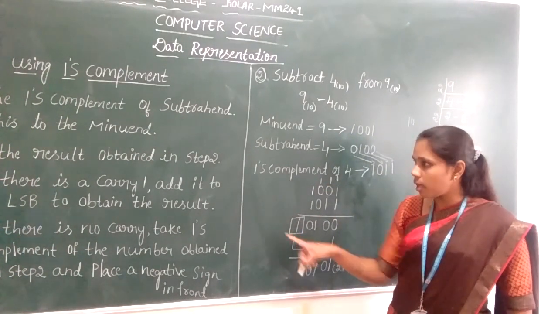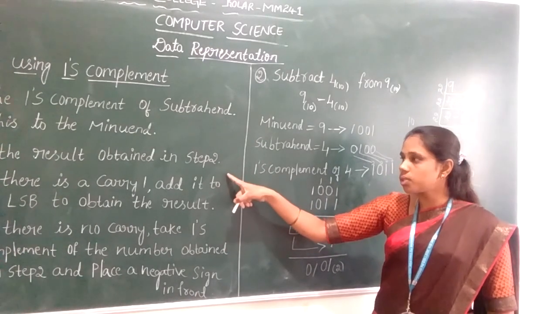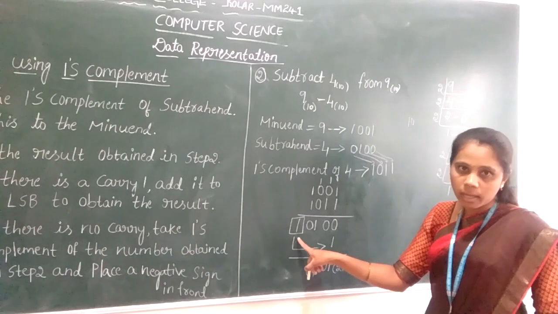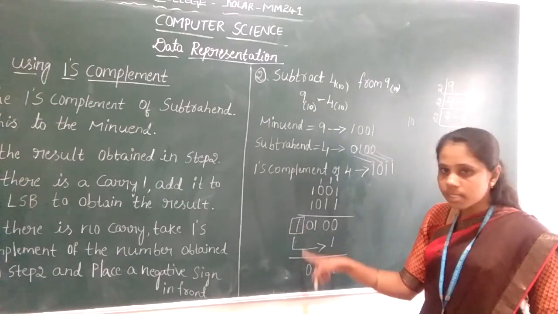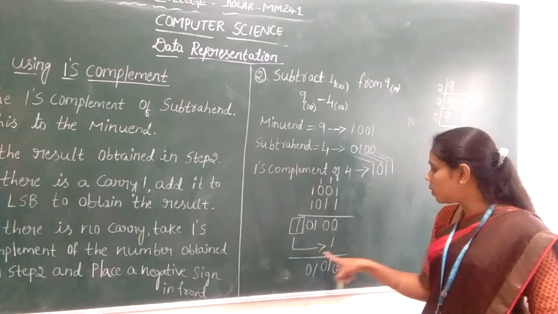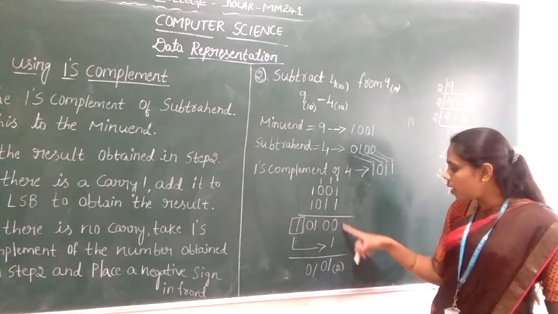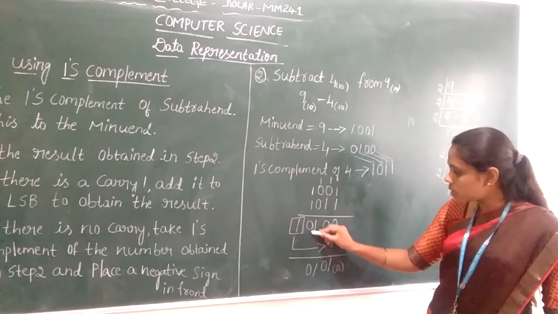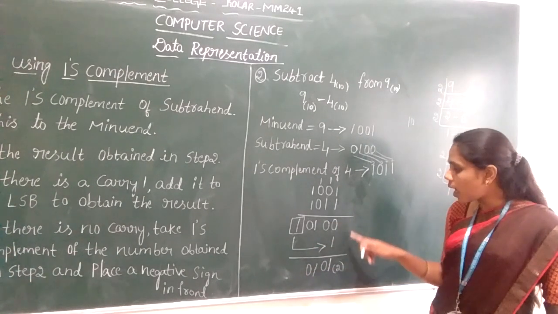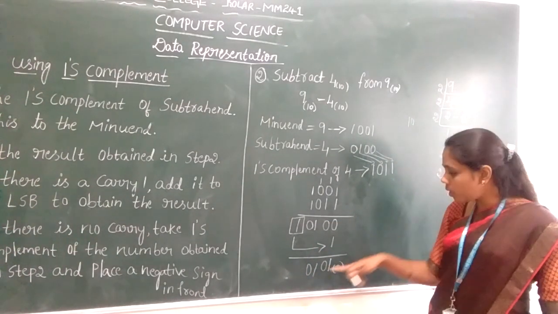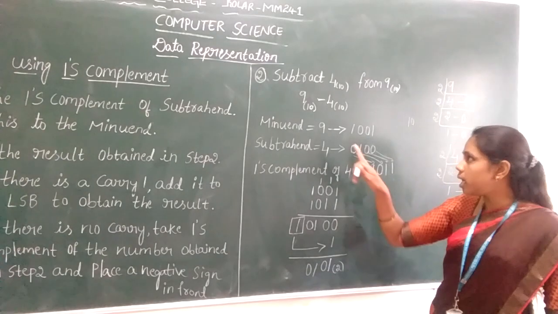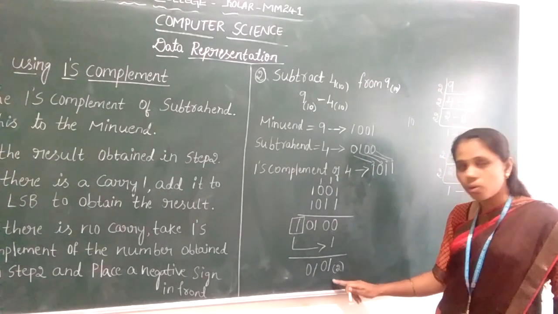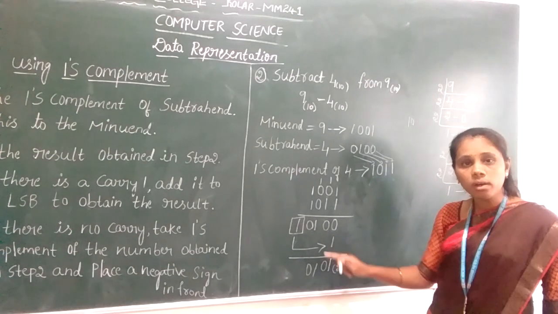Now carry is generated. In step 3, you should check whether carry is generated or not. Here we got carry as 1. Now if there is a carry, add this 1 to the LSB. After adding this carry to the LSB, we get the final result, that is 9 minus 4 is 5. 0101 is the binary equivalent value for 5.